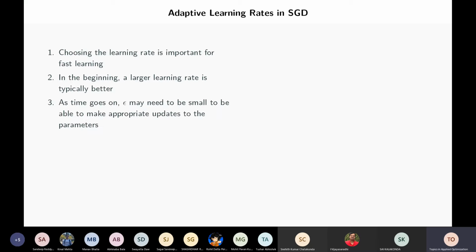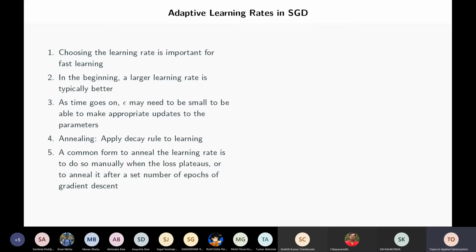That's what I explained, right? As time goes on, epsilon may need to be small to be able to make appropriate updates to the parameters, so apply some decaying rule to the learning rate. A common form to anneal or decay the learning rate is to do so manually when the loss plateaus, or after a certain number of epochs of gradient descent.